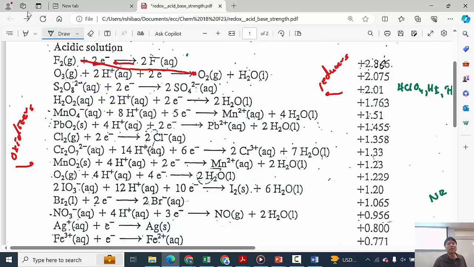Fluorine's going to take electrons, and we're going to form fluoride and, no, not H2O. What's this called? O3. O3 is called ozone. And H+.